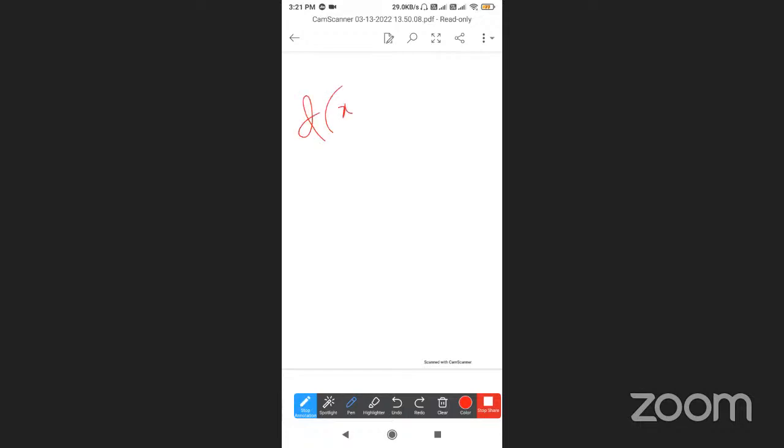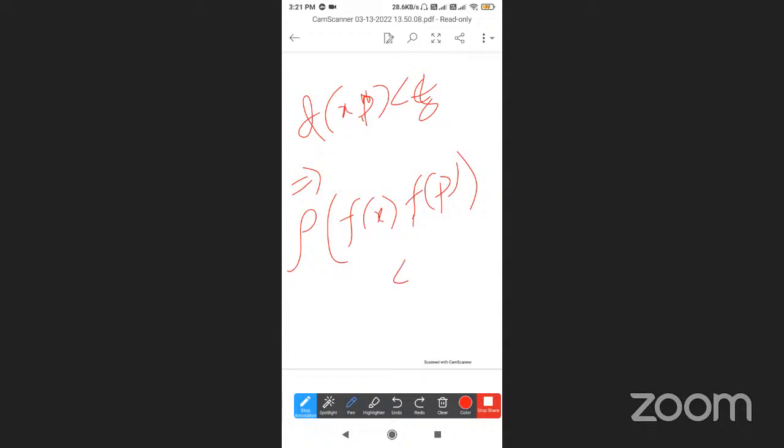The distance d(x, p) is less than delta. This implies ρ(f(x), f(p)) is less than epsilon. Then f, a mapping from capital X to Y, is a continuous function.